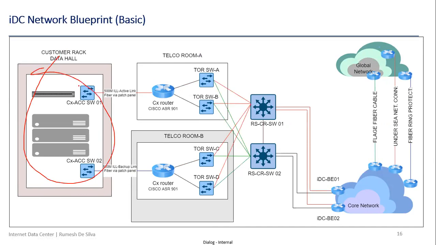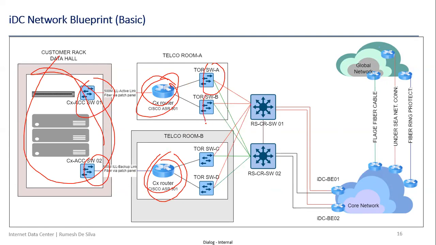The customer rack consists of two switches, access switch 1 and access switch 2, and both switches are connected to the customer's router, which is located at telco room A and telco room B. This is from one ISP, this is from another ISP, and this is the customer's dedicated router, and these are the top of rack switches used for getting the uplink for the customer's router.